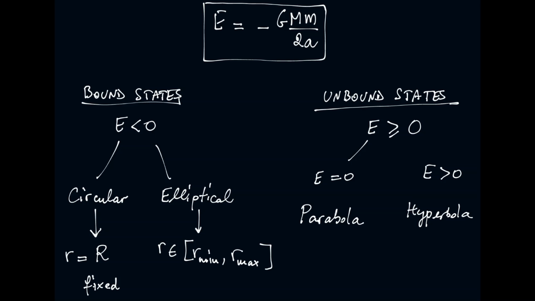One is what we call the perigee for Earth, or perihelion for the Sun, and the apogee or aphelion for the maximum distance. When it comes to parabolas and hyperbolas, so unbound states, there is a minimum value for the distance between these two objects, but the max value is not finite, it is infinite.